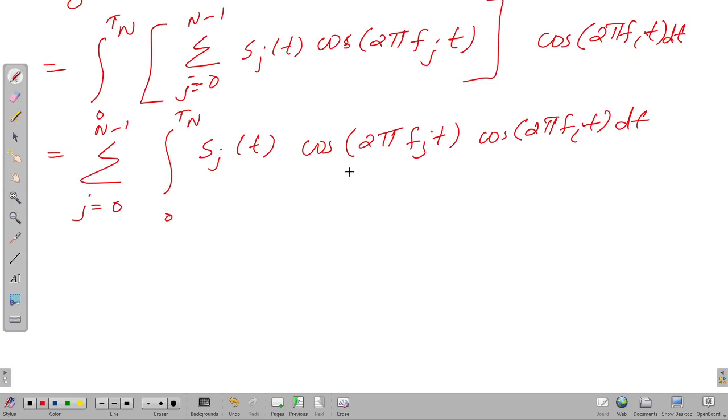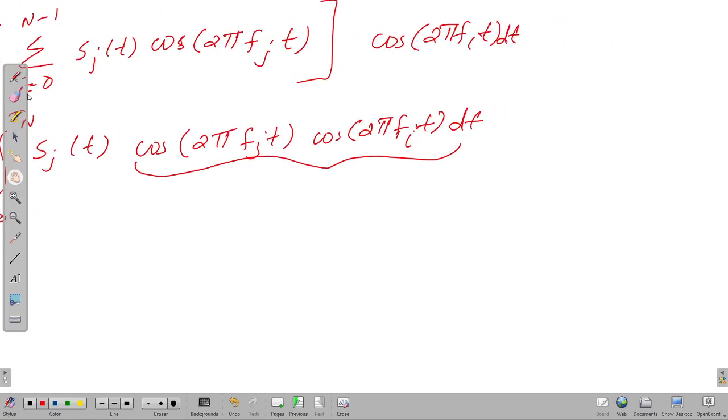And from the previous analysis that we did for the subcarriers, proving that they are orthogonal to each other, okay, this is i. Please don't confuse, this is i. From that analysis we know that this result equals a non-zero value only if i is equal to j, otherwise it is 0.